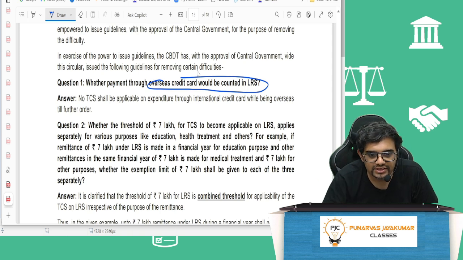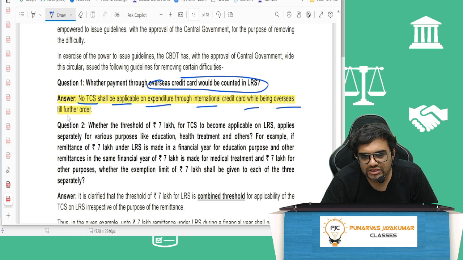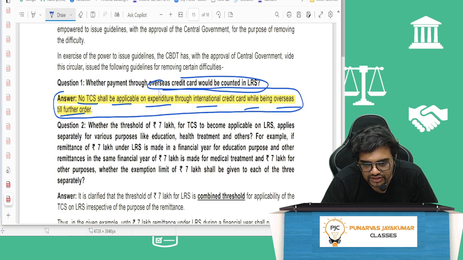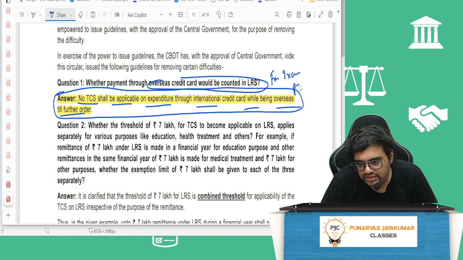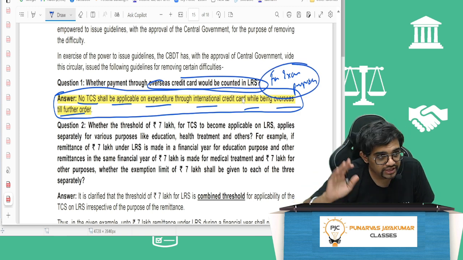But for your examination purposes, you should write it as a no. No TCS shall be applicable on expenditure through an international credit card while being overseas till further order. It was changed in October, again it came in November, December. For exam purposes, they are telling no, so please maintain that only for the examination purpose.